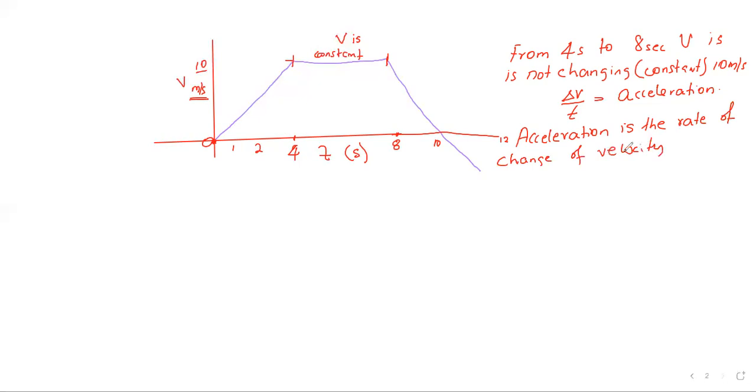That's what we have there. So we are going to choose 4 and 0 as our coordinates to get the change in the velocity.